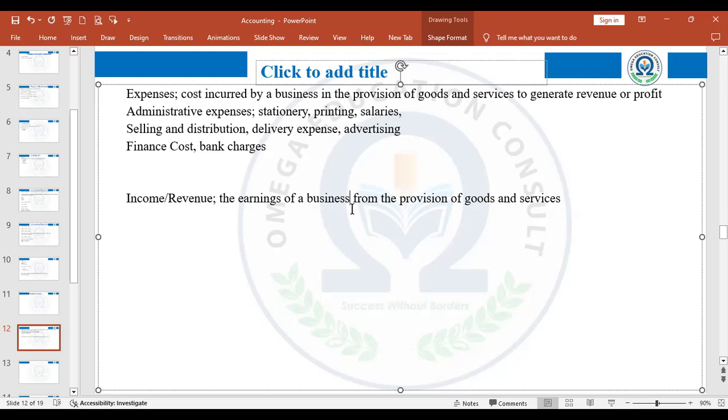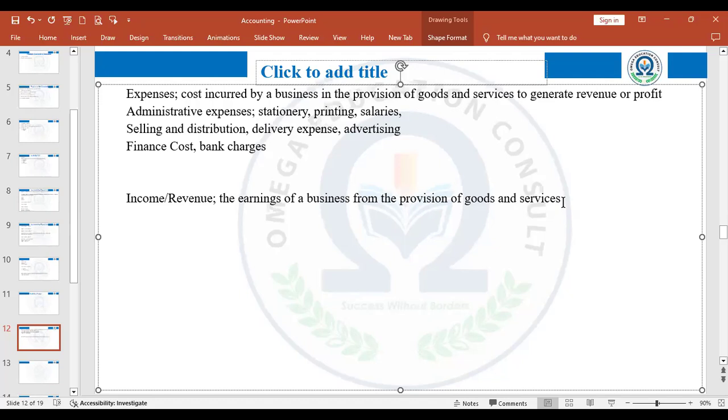Again, I could also go to the bank and invest some of my Indomie business cash in treasury bills or any form of investment, and I'm going to earn some interest on that investment. That is also an income to my business, right?